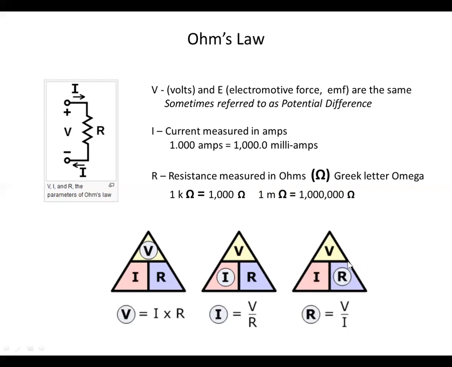And typically, for example, let's say you wanted to know what the resistor value was. You would attach a known voltage battery to the resistor and measure the current flow with a milliamp meter or an ammeter, and then with those two values, the voltage and the current, you can calculate the resistance.